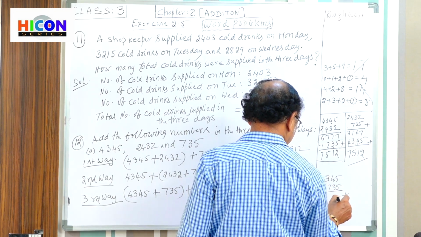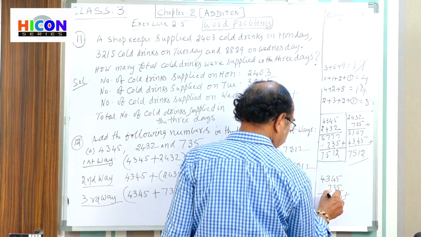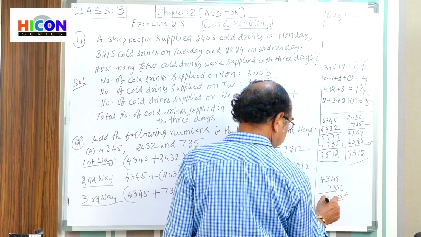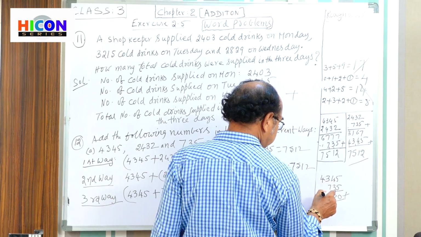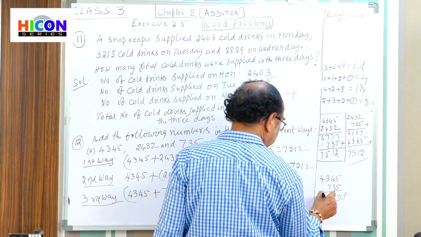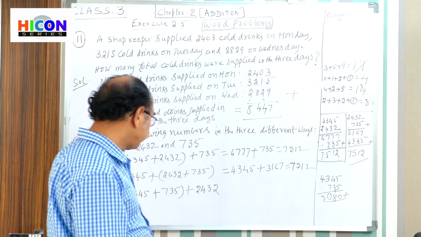Add how much? 5 plus 5, 10, here 0, carry 1. 4 plus 3, 7 plus 1, 8. Here 3 plus 7 is 10. 0, 1. 4 plus 1, 5,080.